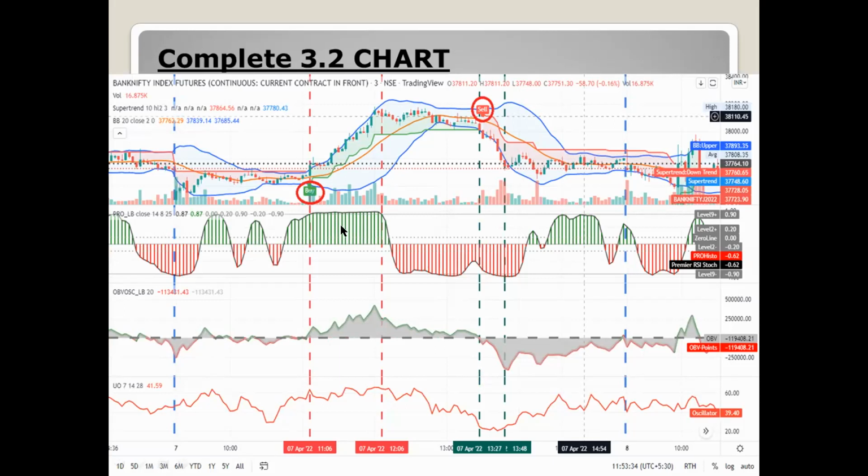Below that, the Premier RSI oscillator. See here we get some indication, and similarly here also. Below that we have the on balance volume. This move gives some idea about the market situation. And below that, I hope you can see the ultimate oscillator.